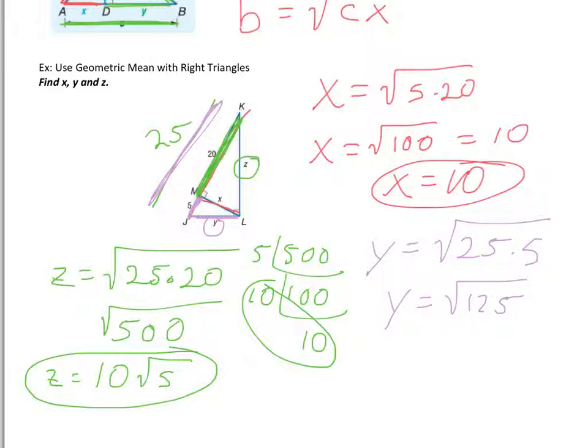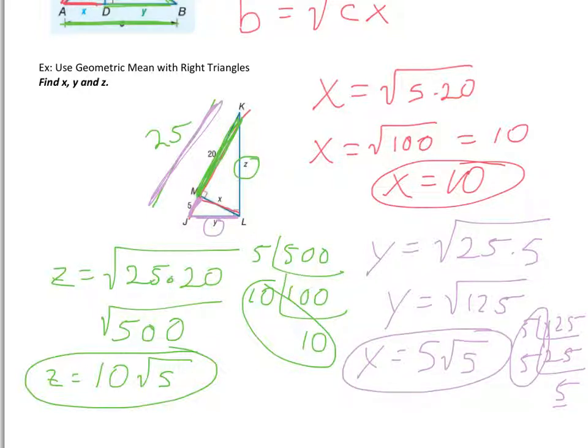And if we use the cake method to solve for that, we know that is 5 times 25, which is 5 times 5. I have a pair of 5s I can pull out. So Y equals 5 radical 5, that other 5 by itself stays inside the radical. That's not X, that's a Y. Alright, let's look at the assignment.